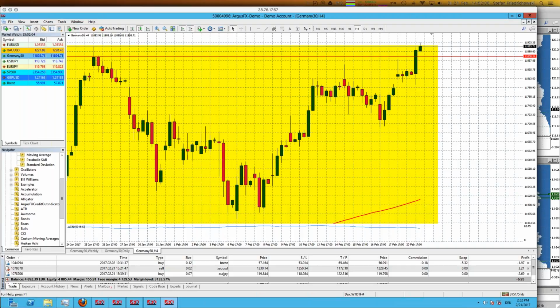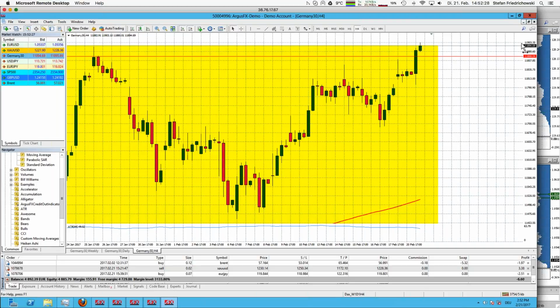So what if we would open a short trade when we reach exactly that price level? And that price level is at 11,868.0. Why not? And now the stop loss.